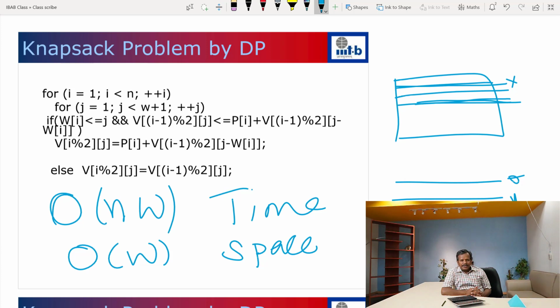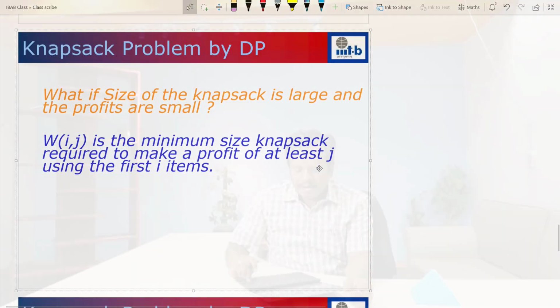But if W is very large, then this algorithm cannot be used. Let us ask the question: what if W is very large, but the sum of the profits is very small, right? The W's that are given to me have large values, but the profits that are given to me have small values.